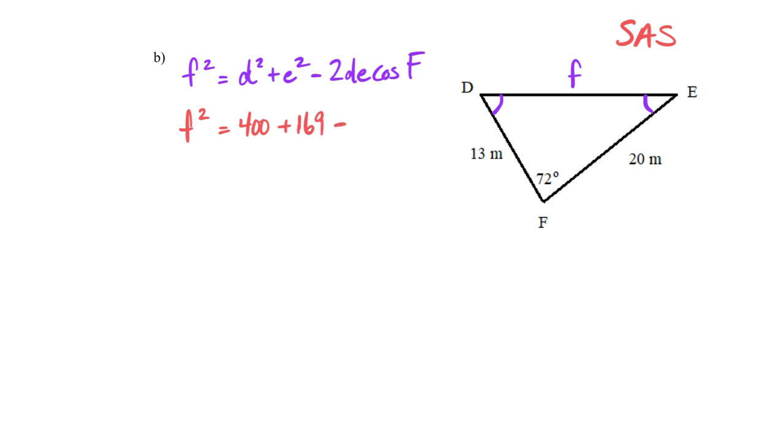And I can calculate what 13 times 20 times 2 is. That's 520 cos of my angle. That line would be the first line that I would write down if I were you.